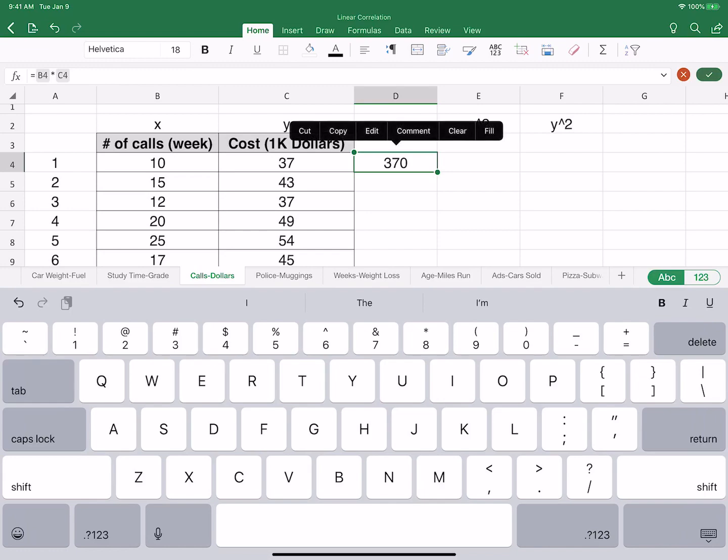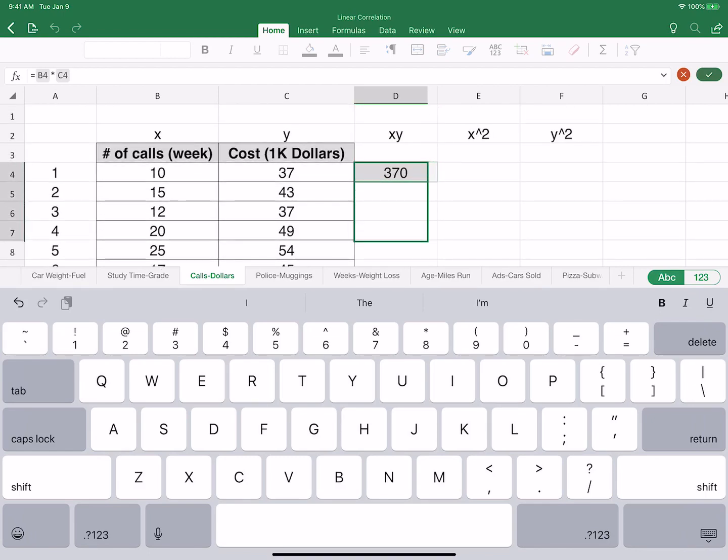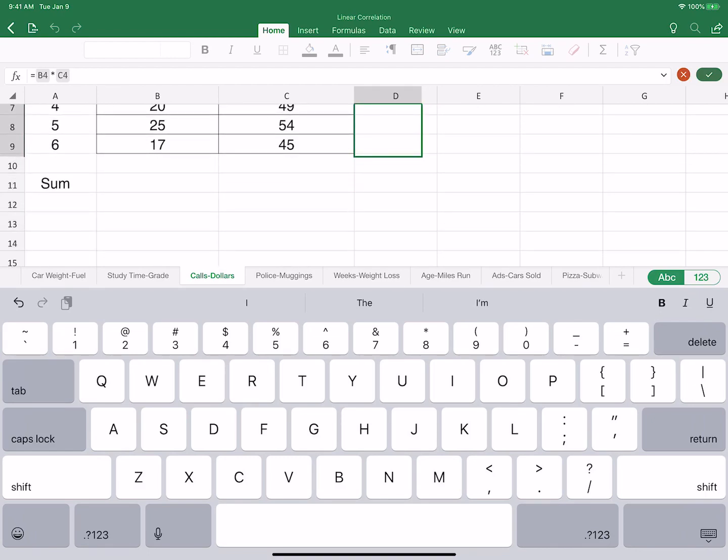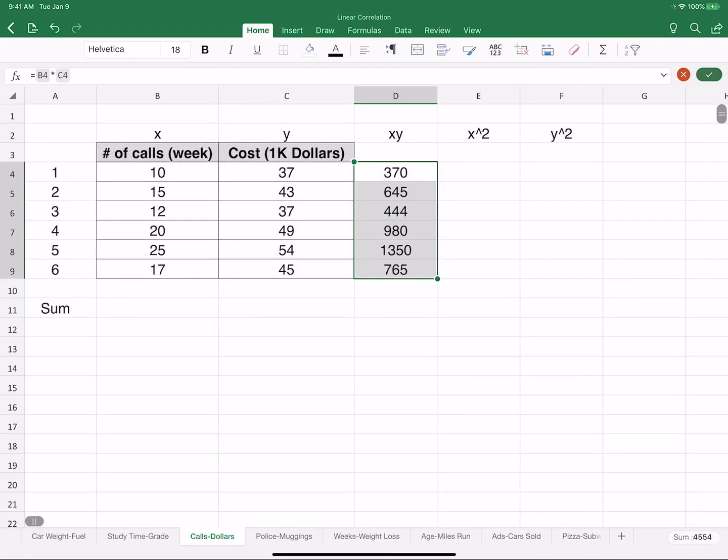Now I'm going to do what's called autofill. There we go. What that did for me is it actually multiplied the x and y values for every paired data.